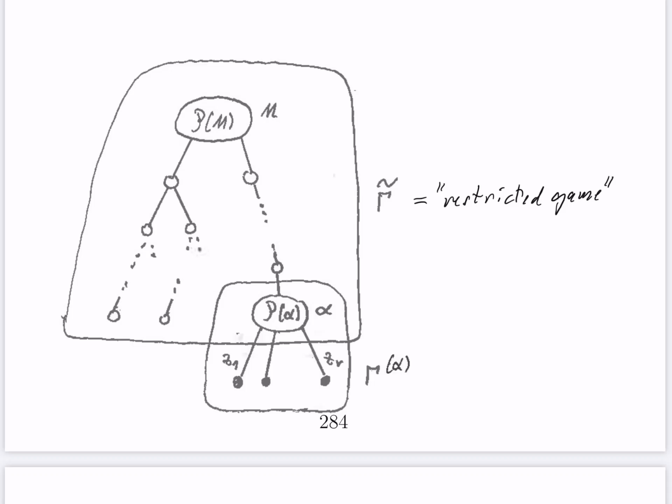So the game which starts at alpha is very small. It has just length 1. All the final plays there have length 1. And the game which I obtain if I make alpha into a final play is called gamma tilde, and now I call it the restricted game. And here you see clearly that the whole game is somehow, I call it a concatenation of the restricted game and the small subgame which starts at alpha.